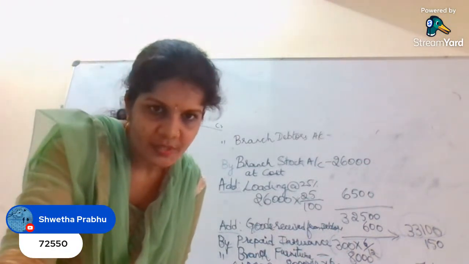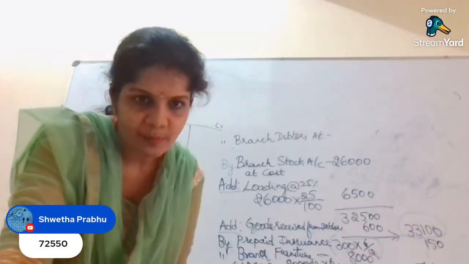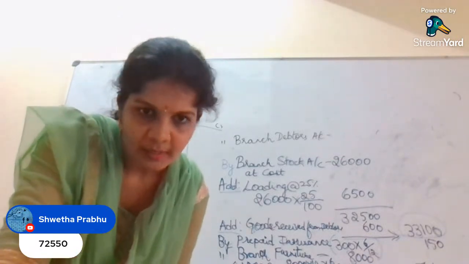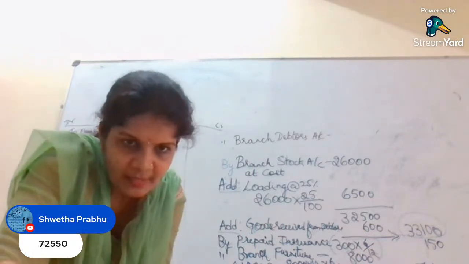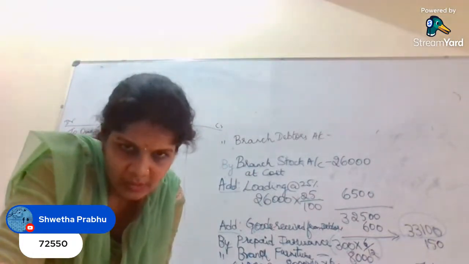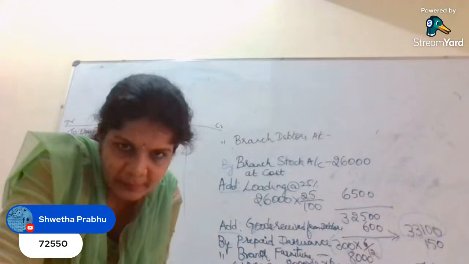Second is furniture purchase. Third is goods sent to branch. It is not relating to debtors at all. Then expenses paid by head office, no. Next, come to the right hand side.